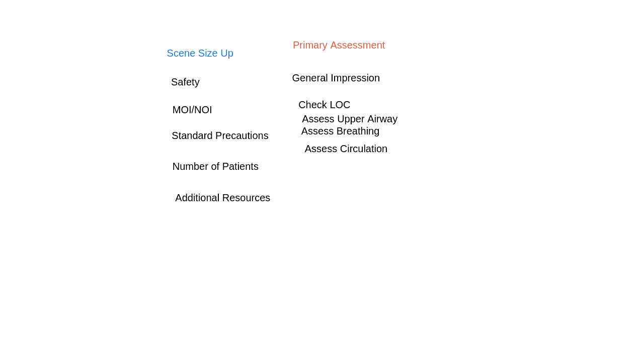The textbook or the slides? I don't see it in primary assessment in the textbook, sir. It's in patient assessment. I can guarantee you that GCS is in patient assessment. So go back and check.